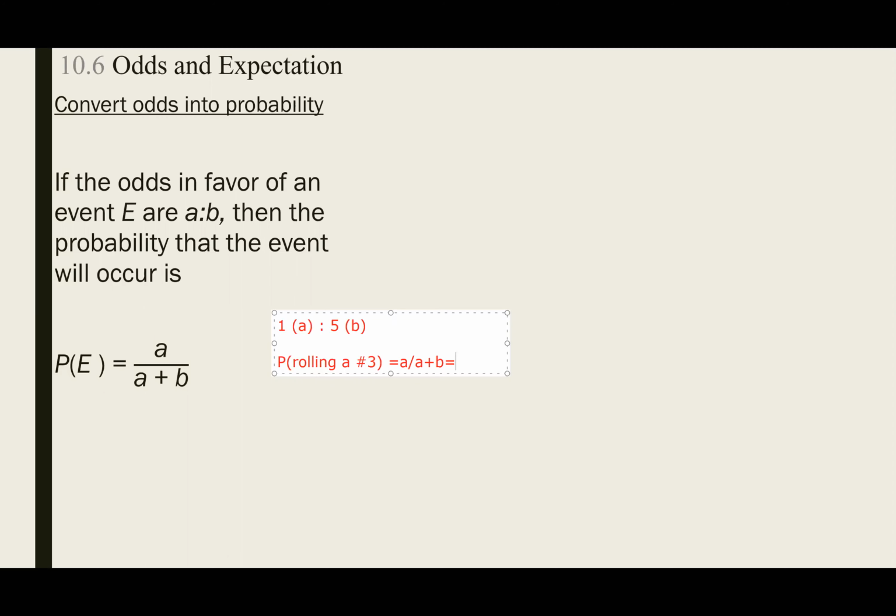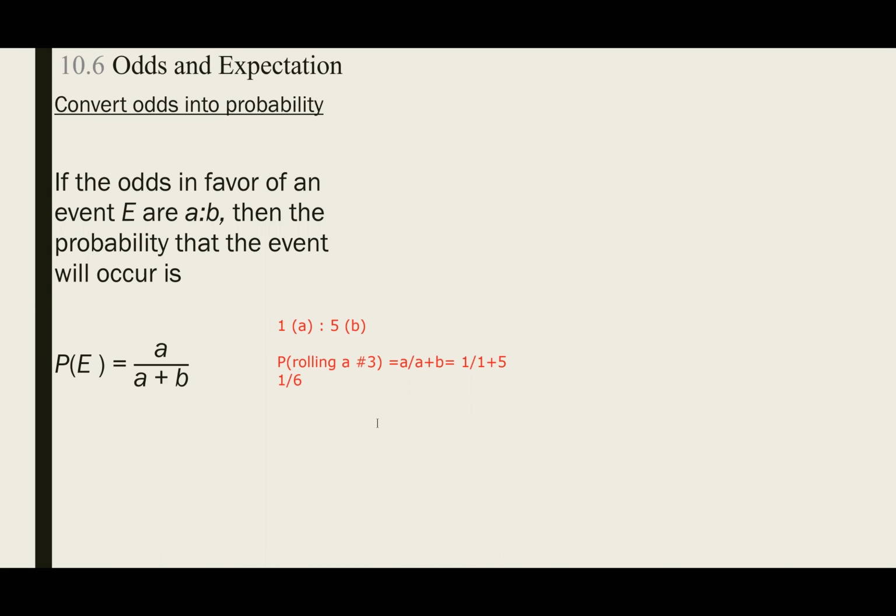Well, that means you have 1 over 1 plus 5. And what is 1 over 1 plus 5? Do you agree that it's 1 divided by 6? So the probability of rolling the dice is, again, how many sides contain number 3? We have 1 side. What is the total number of sides? We have 6 sides, right?